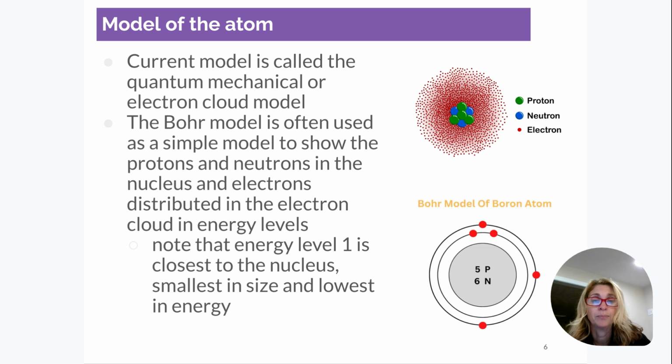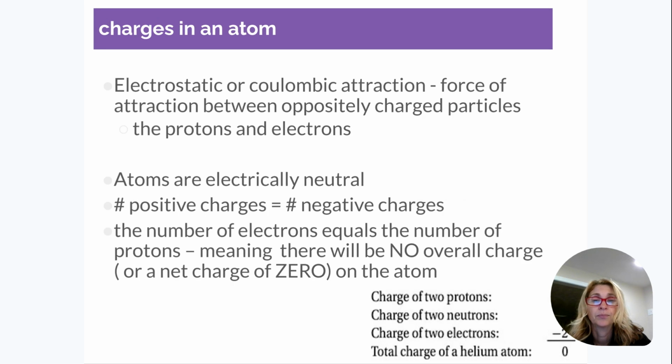As we discussed atomic structure, there are two particles that are charged, the proton with a positive charge and the electron with a negative charge. These two oppositely charged particles are attracted to one another, just like opposite ends of a magnet are. We call this attraction electrostatic or Coulombic attraction.